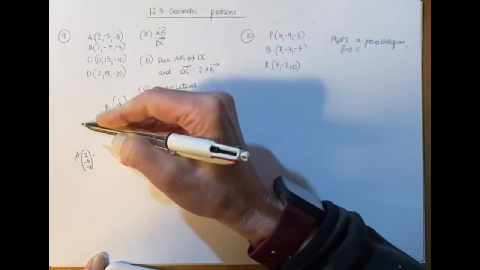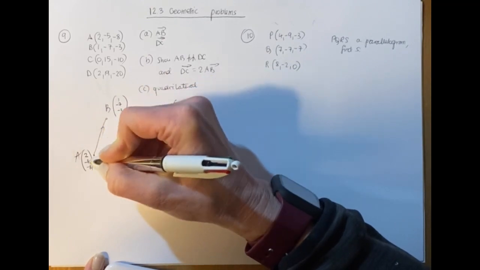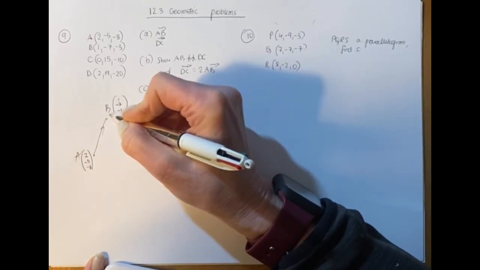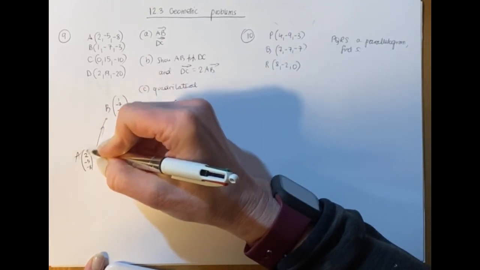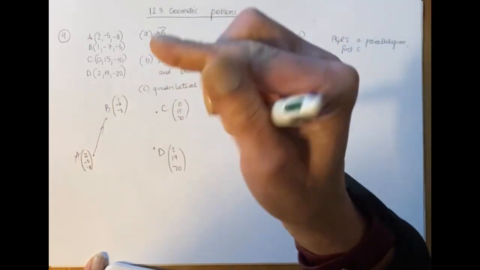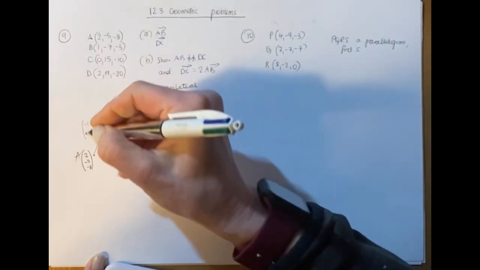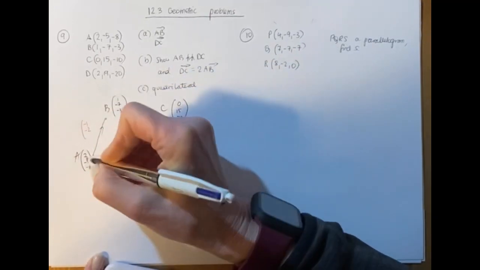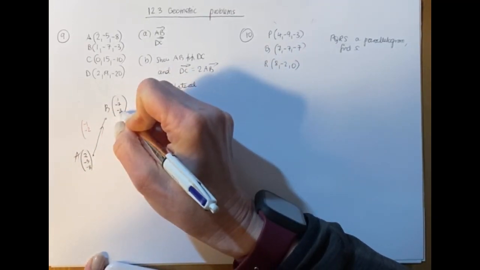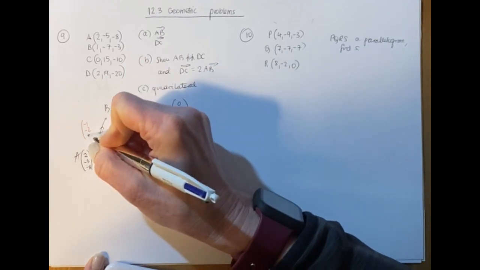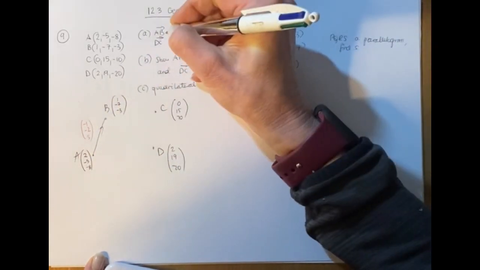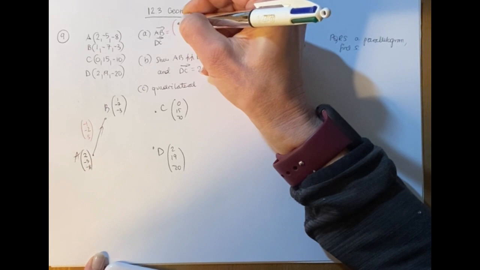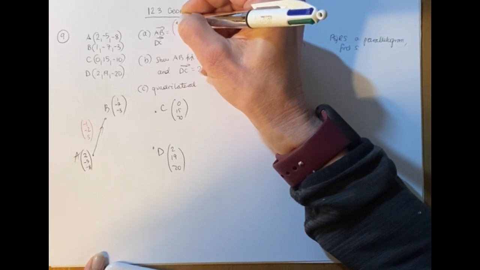So vector AB. What do I do to A to get to B? That's going to be 2, I need to take away 1, so minus 1. From minus 5 to minus 7, I go down 2, so it's minus 2. From minus 8 up to minus 3, you are going to add 5. Let's just make sure that we got it right. So it's vector OB minus OA.